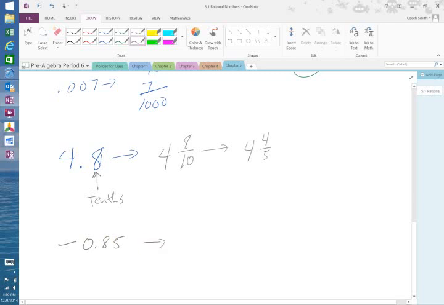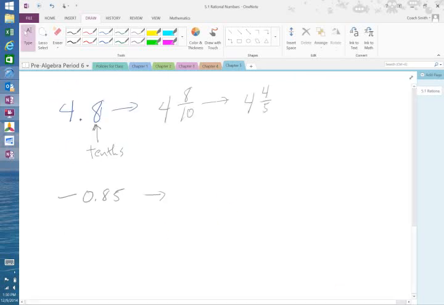Well, what place value is the 5 in? Hundredths. So that means I put 85 over 100. There's 85 over 100, reduce.